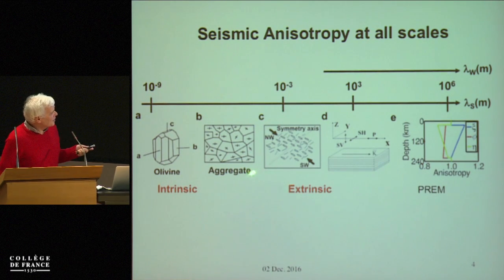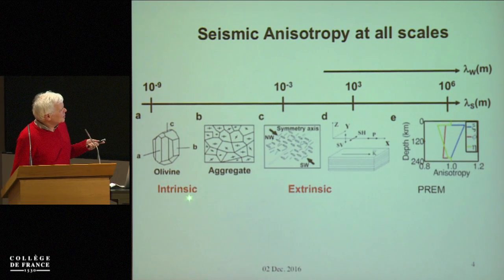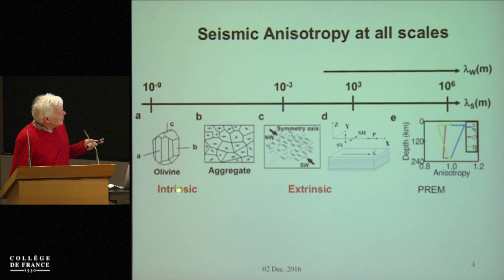Okay, but the other point is that you see that I make difference between intrinsic anisotropy, which is basically lattice preferred orientation, and extrinsic anisotropy, which will come up at some scales.